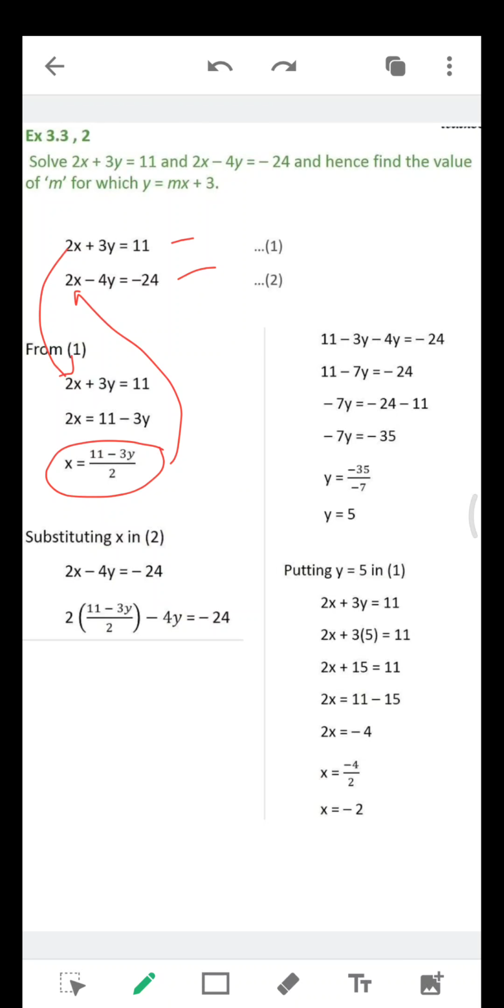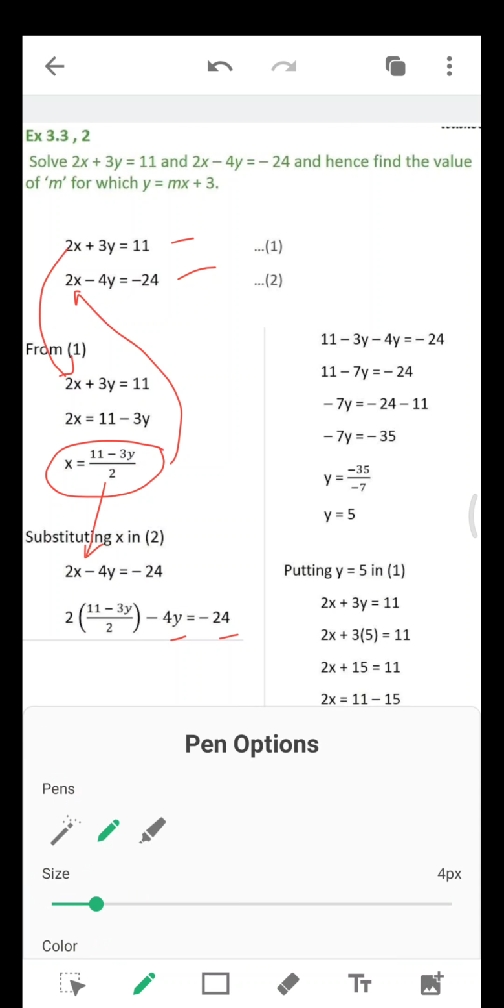Substituting x as 11 minus 3y by 2, I put 2 into 11 minus 3y by 2, then minus 4y as it is and minus 24 as it is. So only x is replaced with 11 minus 3y by 2.